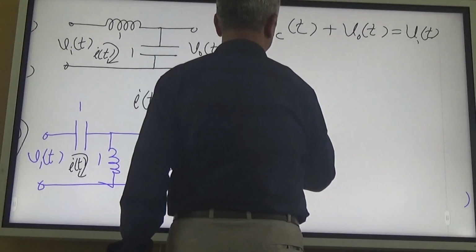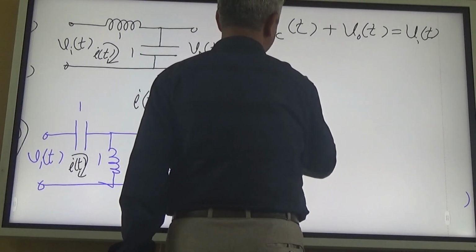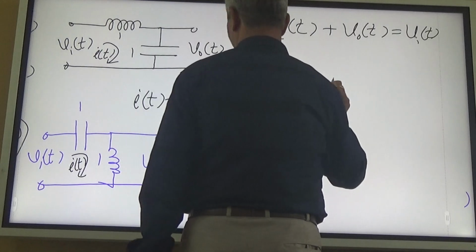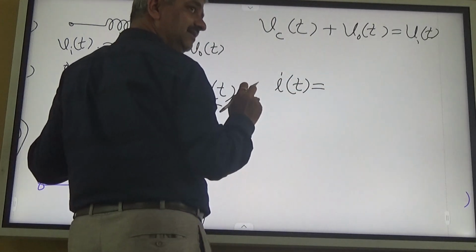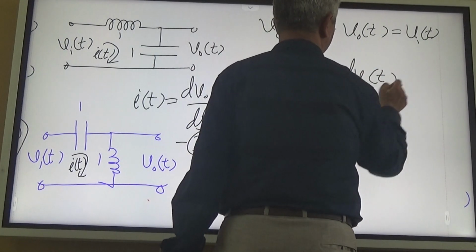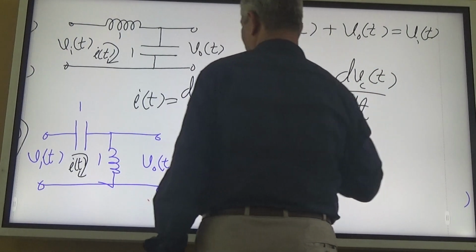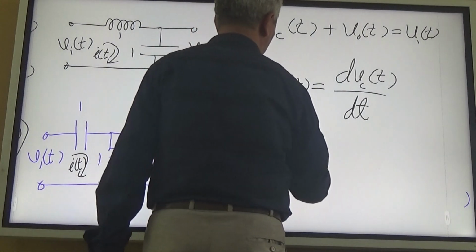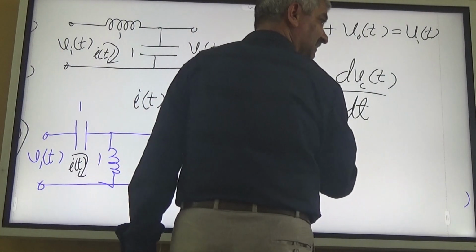So IT is equal to C dVCT by dt. C is 1. And for inductor, VOT is equal to L dI by dt, L is 1.